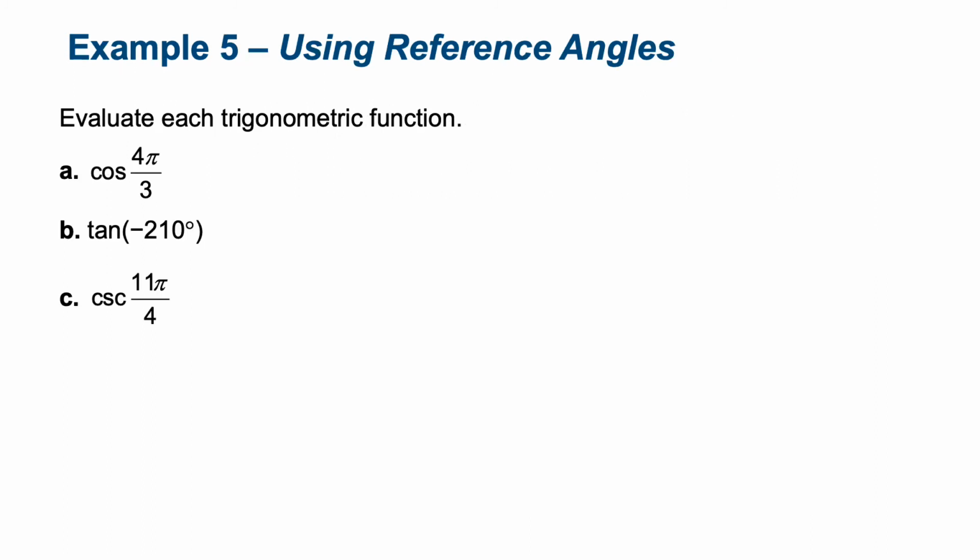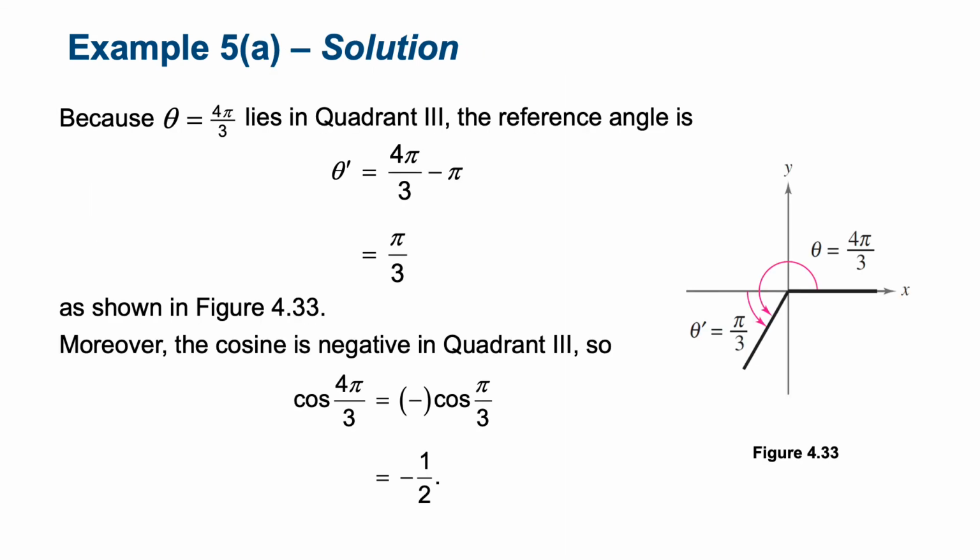Okay, so let's evaluate each trig function. Let's evaluate cosine of 4 pi over 3, tangent of negative 210 degrees, and cosecant of 11 pi over 4. Let's start with 4 pi over 3. Where does 4 pi over 3 lie? Looking at this picture, 4 pi over 3 is a little bit more than pi, less than 3 pi over 2, so it's in quadrant 3. What's the reference angle?